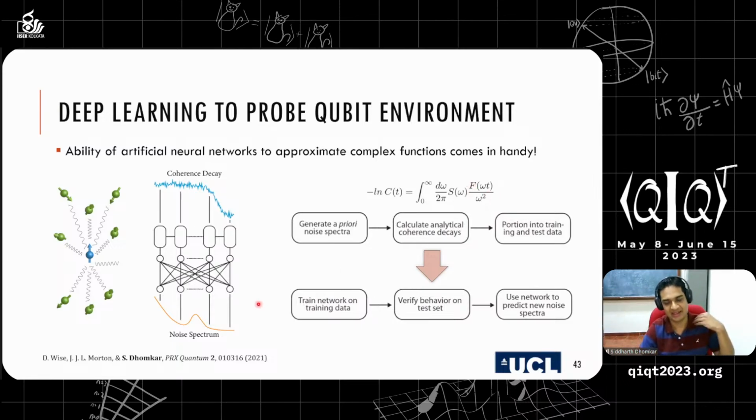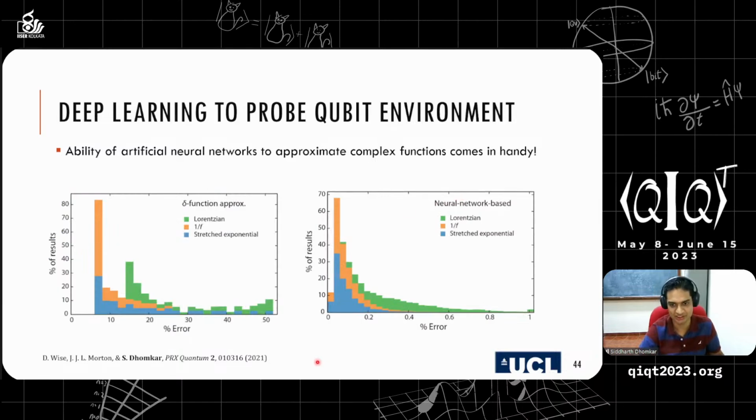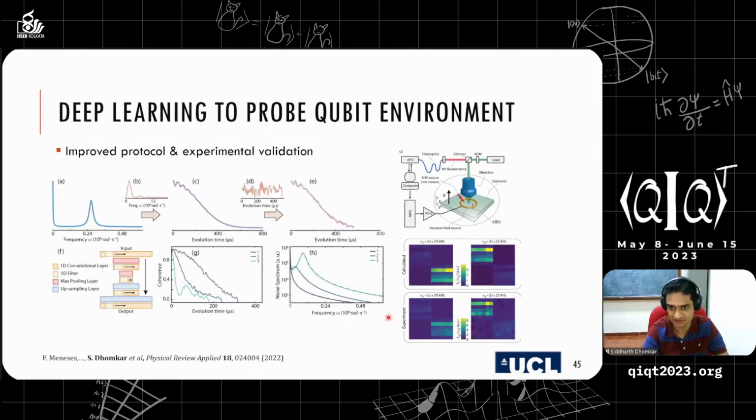And then when I give that artificial neural network a real experimental curve, it will predict the most probable S of omega, the noise spectrum, which is very interesting. And you see the error rates go from around 10% to 0.1%. So this is what we had shown in simulations, but we also did the experiments, and we came up with a very improved protocol that can be implemented directly on a real experiment.